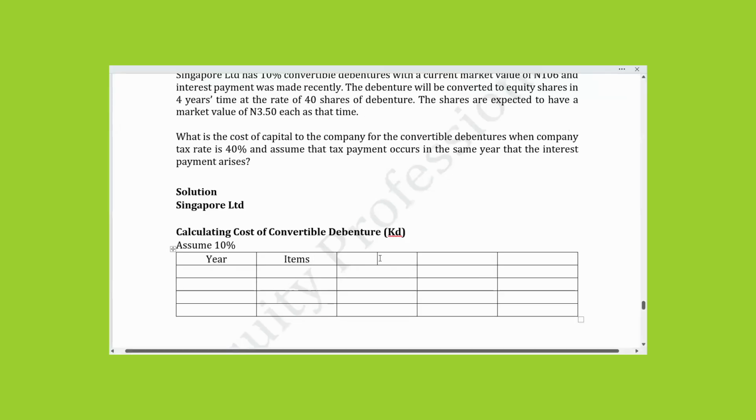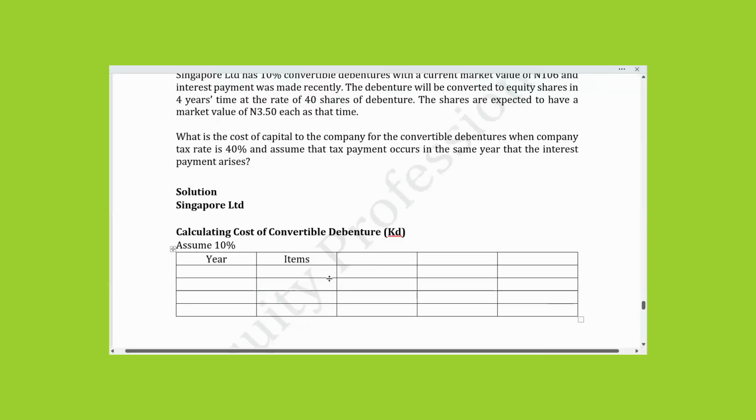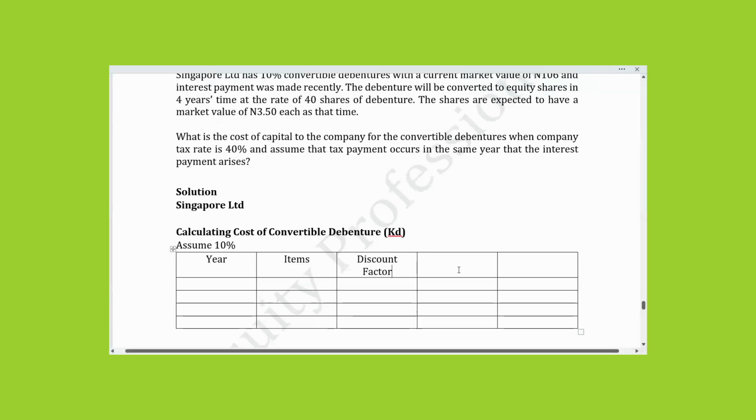Then we have discount factor, then, of course, we have present value.